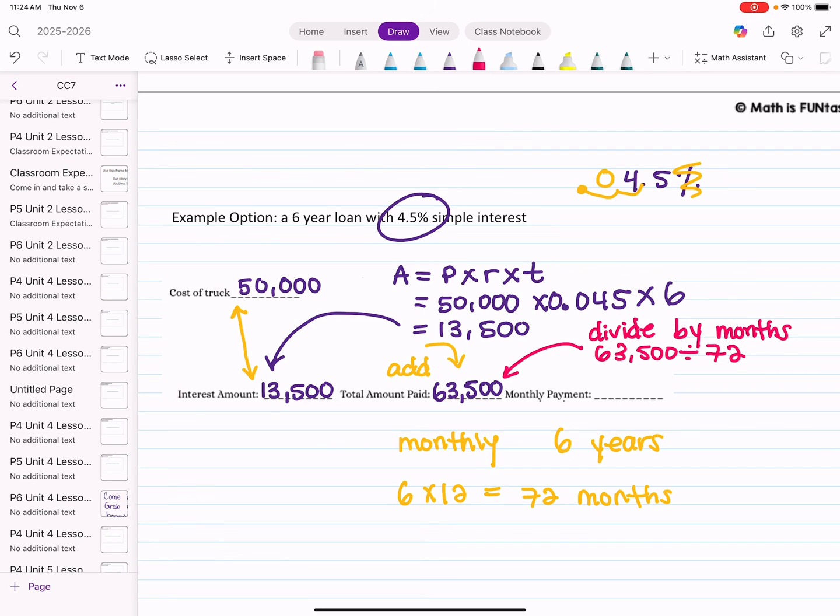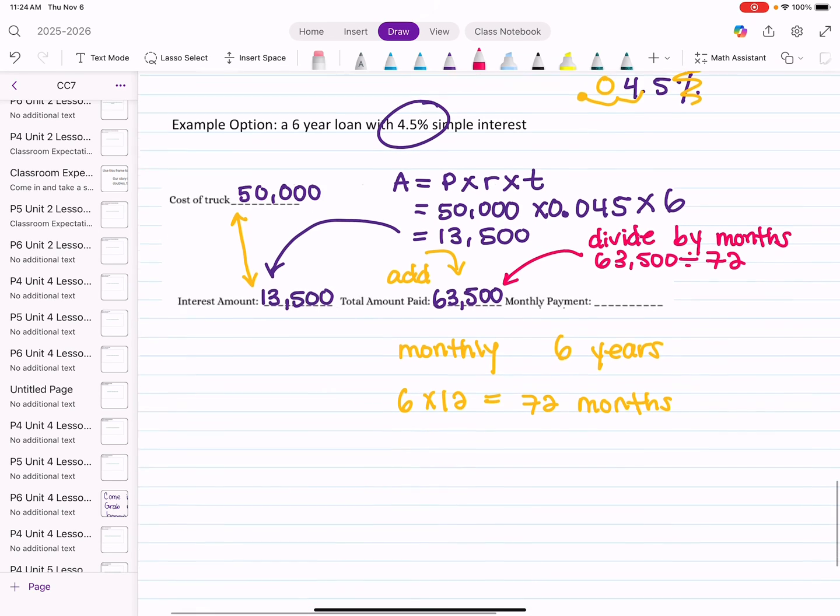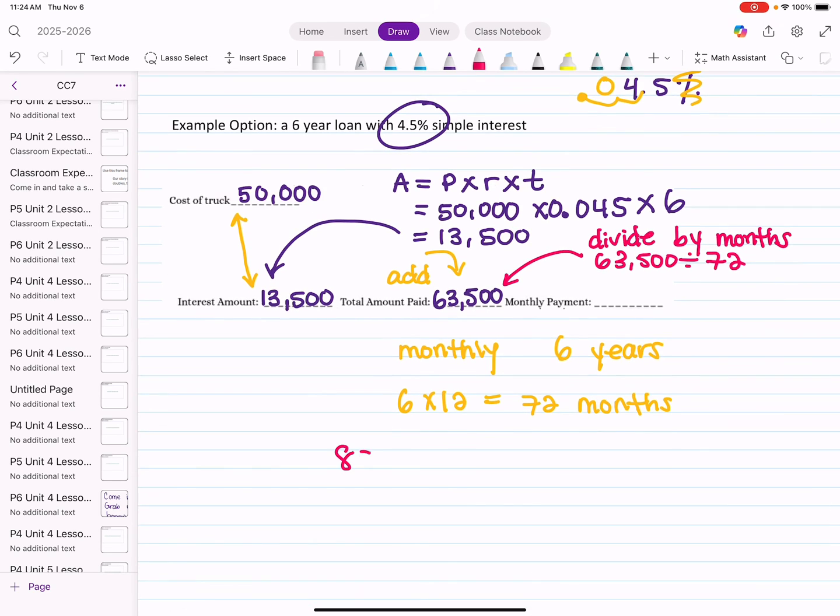All right, so I'm putting that in my calculator, divide by 72, and I get a really long number. The number I get in my calculator is 881.9444. Okay? So when we're talking about money, we're going all the way to the second number after the decimal because we're talking about cents.